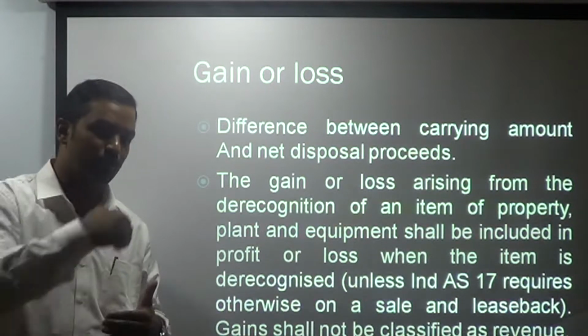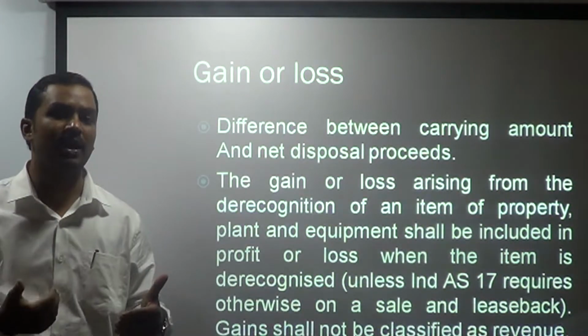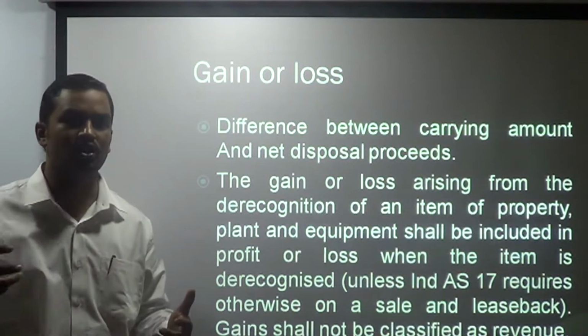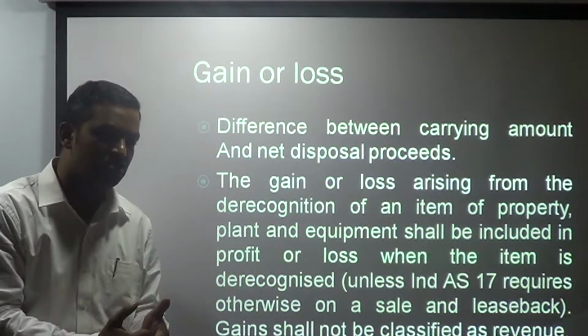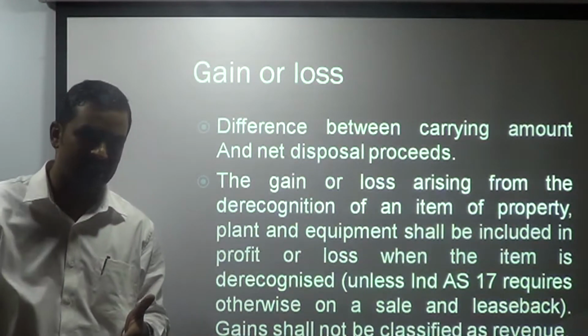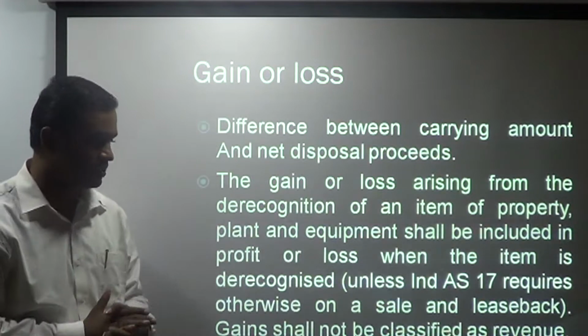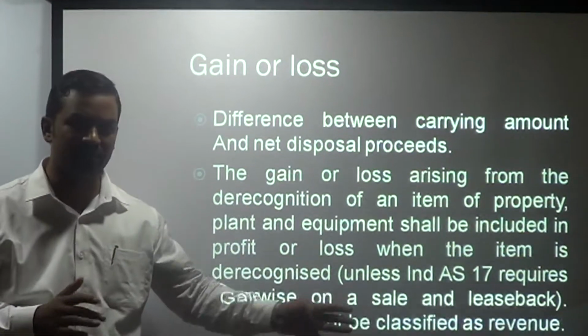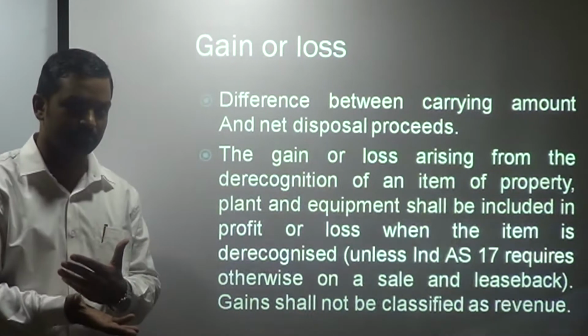But if the asset has been sold and again it has been taken back on finance lease, as per Ind AS 17, the gain or loss cannot be recognized immediately. It has to be amortized over the lease period. That is a specific requirement of Ind AS 17, not as per Ind AS 16. And the profit or loss is not going to be recognized as revenue. You can show it under other income.